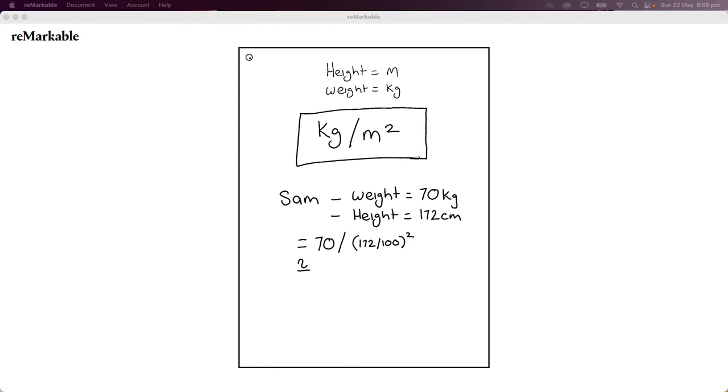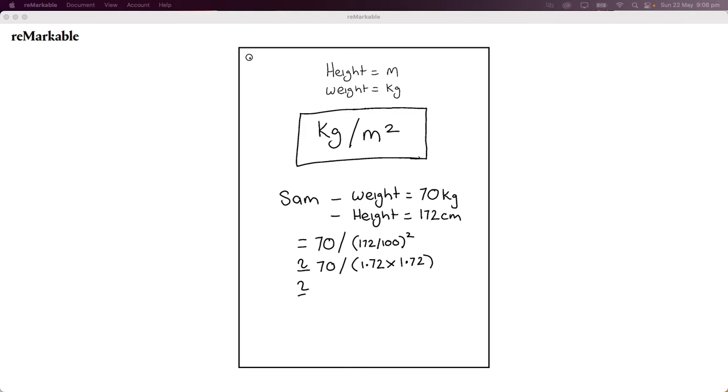If we work on the next level, that's basically 1.72, and we will bring that power out and go 1.72 by 1.72. I'm just doing some calculations in advance.